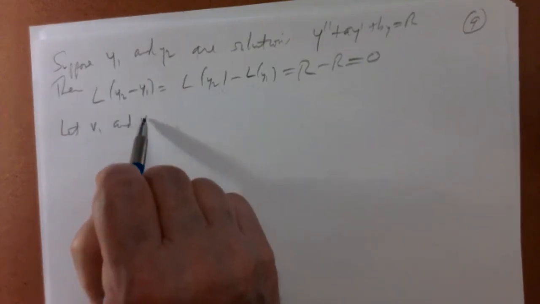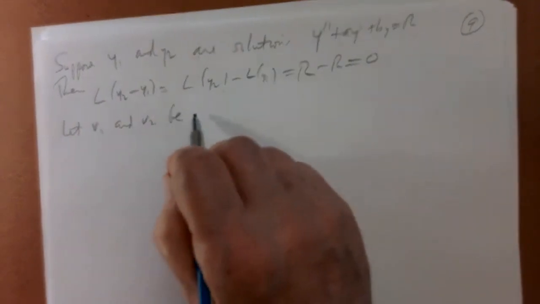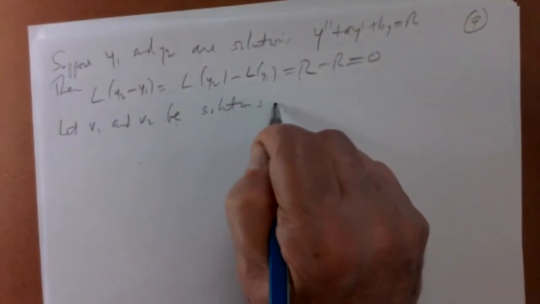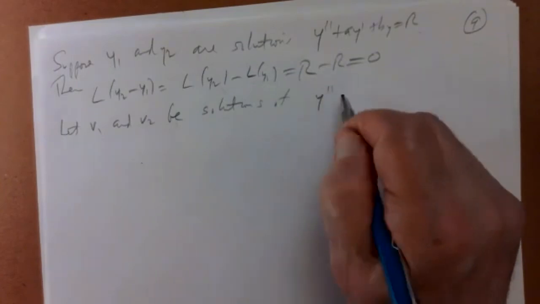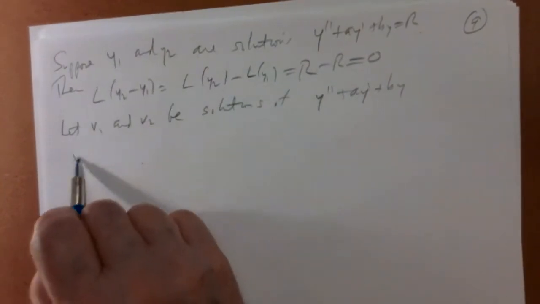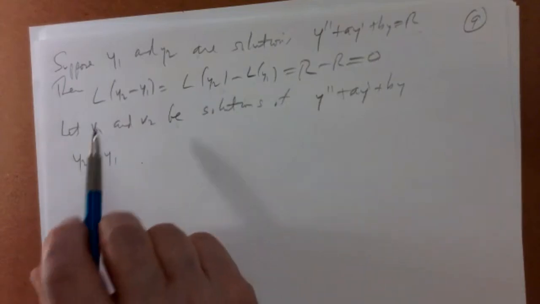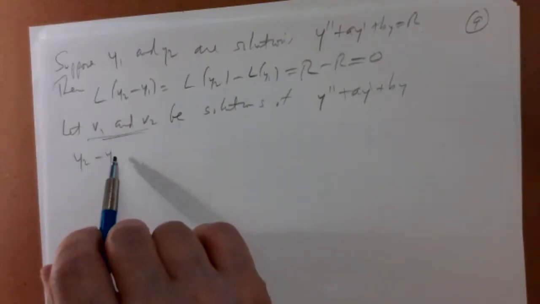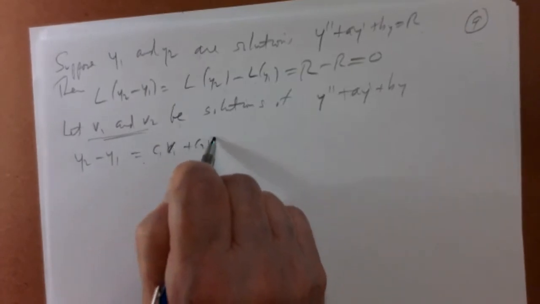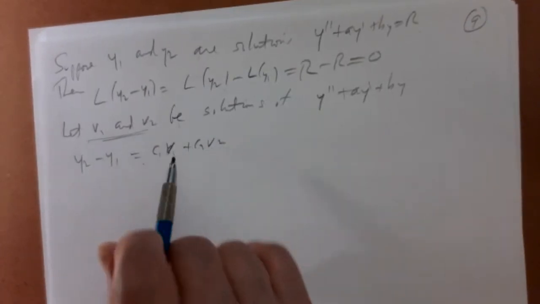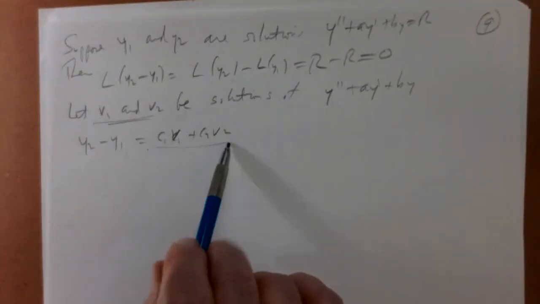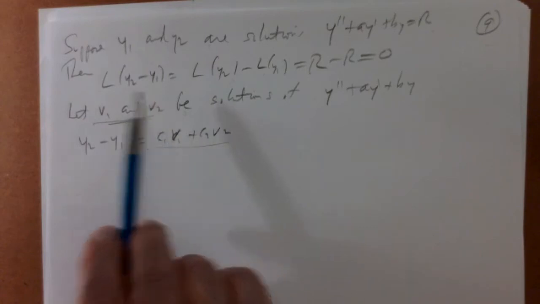Let v1 and v2 be the fundamental solutions of the homogeneous equation. So y2 minus y1 is some linear combination of v1 and v2. Every solution of the homogeneous equation is a linear combination of v1 and v2.